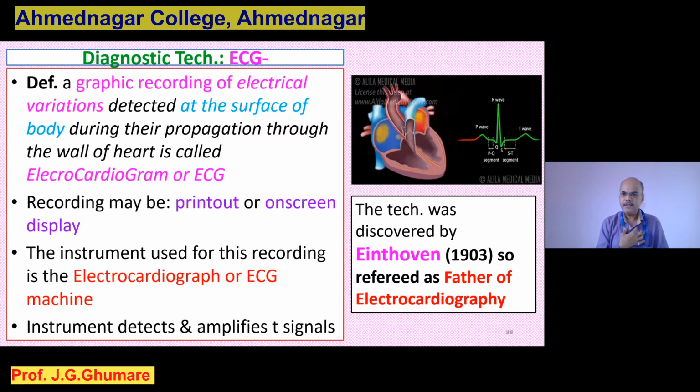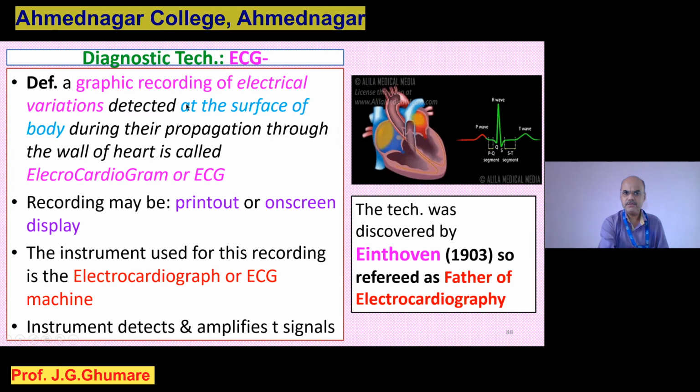We collect it with the help of a machine, and we analyze it in form of a graph. Remember, this is a non-invasive technique. Non-invasive means it will not produce any harm, it will not produce any cut in the body. Remember the one technique where we take out the graphical record of electrical variation. This is called ECG, electrocardiogram.